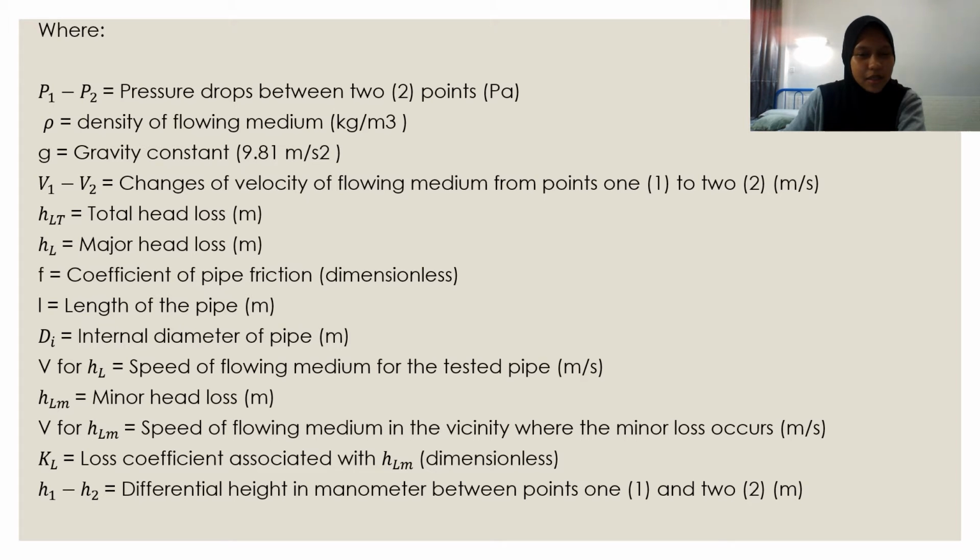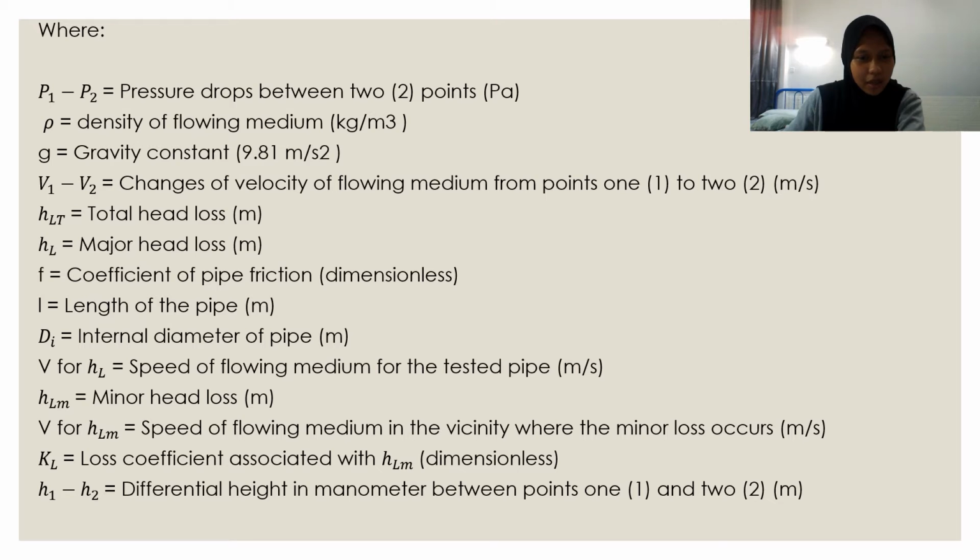Di is the internal diameter of the pipe, also in meters. V for HL is the speed of the flowing medium for the test pipe. HLM is the minor head loss, the unit also meter. V for HLM is the speed of the flowing medium in the vicinity where the minor loss occurs.